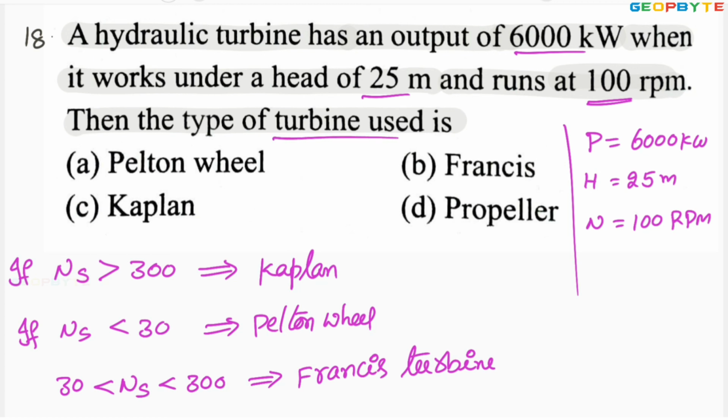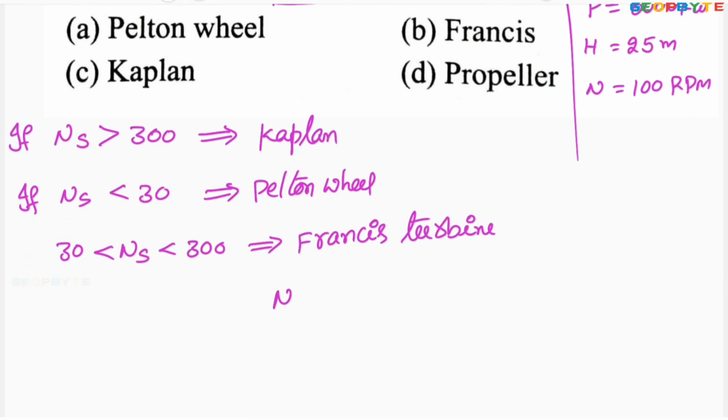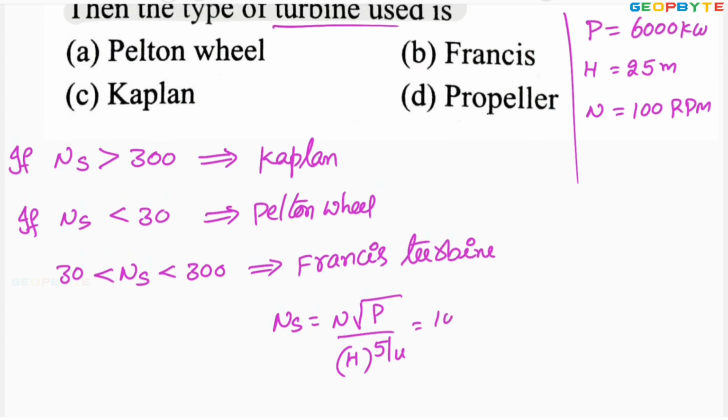Specific speed Ns equals N root P divided by H to the power 5 by 4, which is 100 into root 6000 divided by 25 to the power 5 by 4.